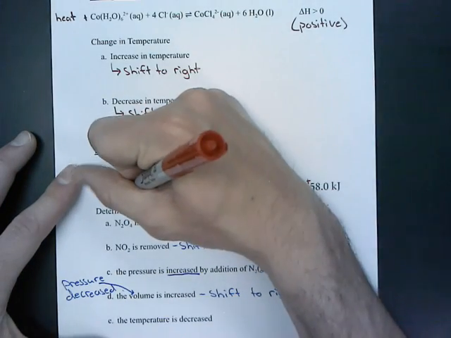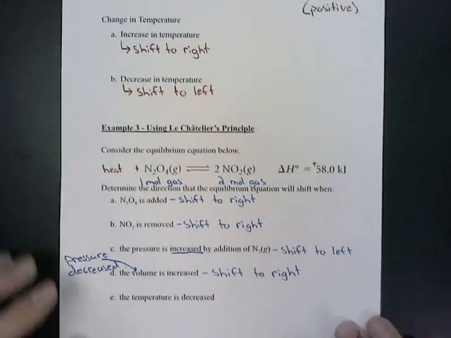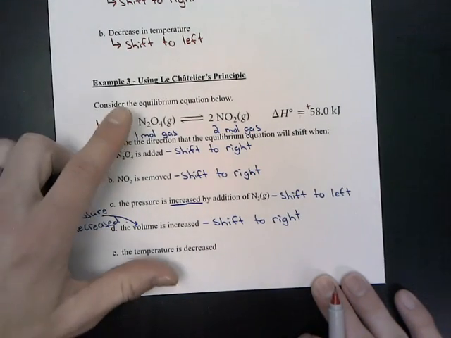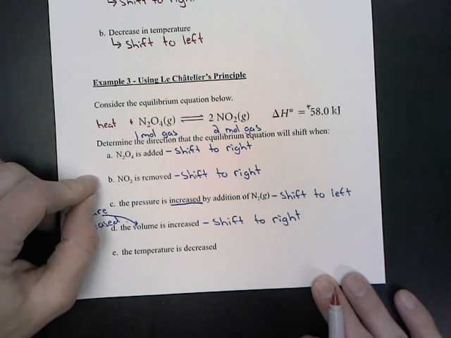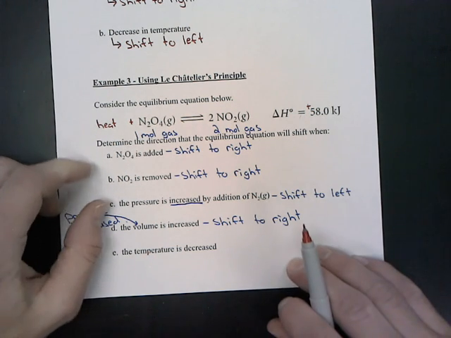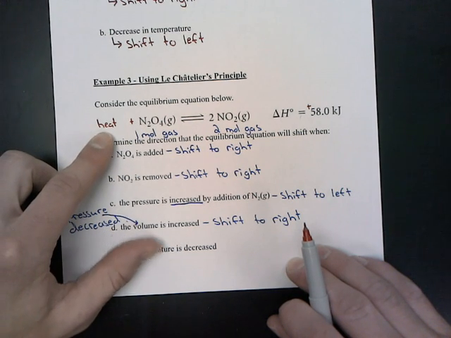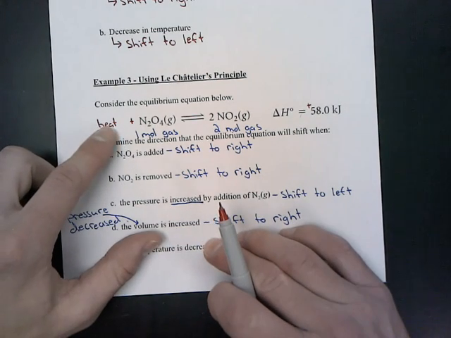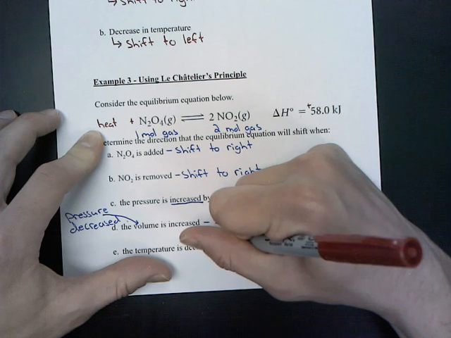It's not a reactant, but we can consider it to be on that particular side. So the temperature is decreased, and a decrease of temperature shifts to the same side that heat is required. So since heat is required on the left, we decrease that temperature, the equilibrium shifts to the left.